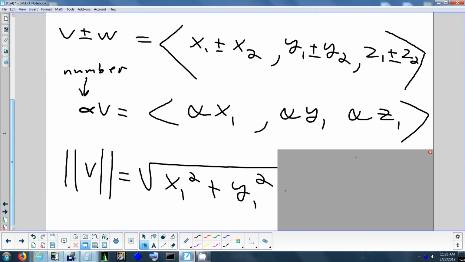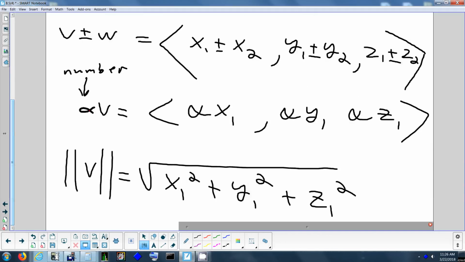Z1 squared. So there's how you find a magnitude in 3D. Any questions on that? I'll give you some numbers and we'll go through each of those formulas.